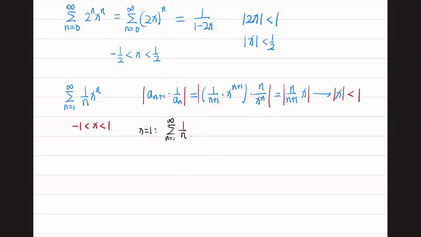What test do you use? This one we use the integral test. We get the logarithm, which implies it's divergent. Okay, the integral test. Divergent. Okay, the other endpoint.